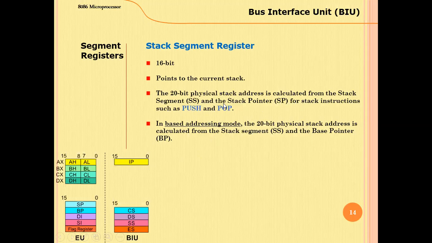Therefore, SS along with SP is used to provide the physical address to access a particular location in the stack segment of the memory. And sometimes in base addressing mode, instead of SP, we can also use BP. So SS plus BP gives the physical address.